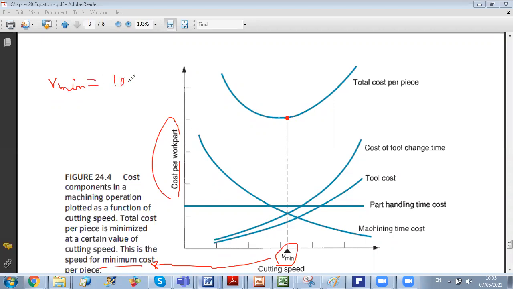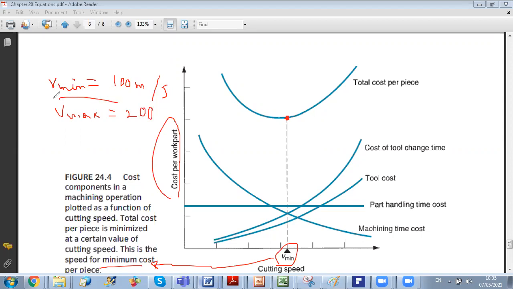I'm giving any example, okay? And you found that Vmax is 200 meters per second. Then you can say, I can take a compromise between the two, and take something in between, let's say 150, for example. So it depends on your objective, on your target, to select the corresponding cutting speed.